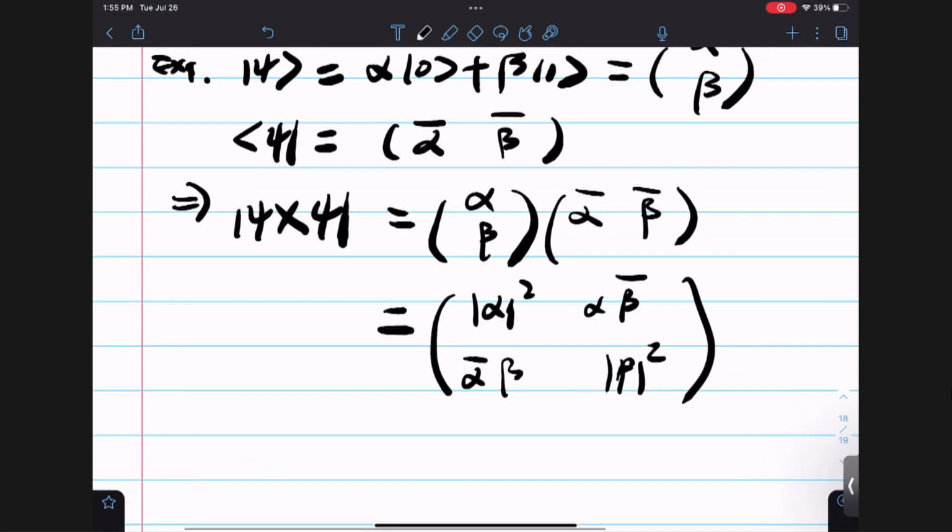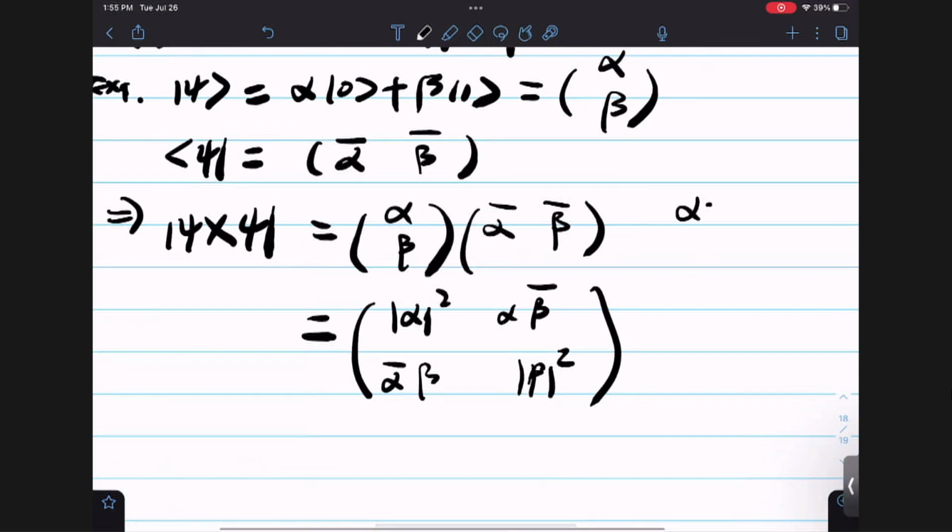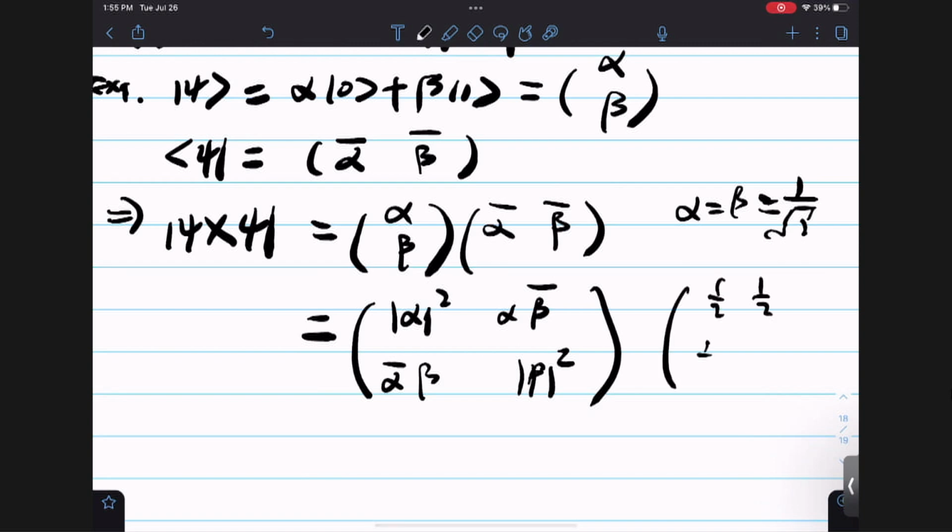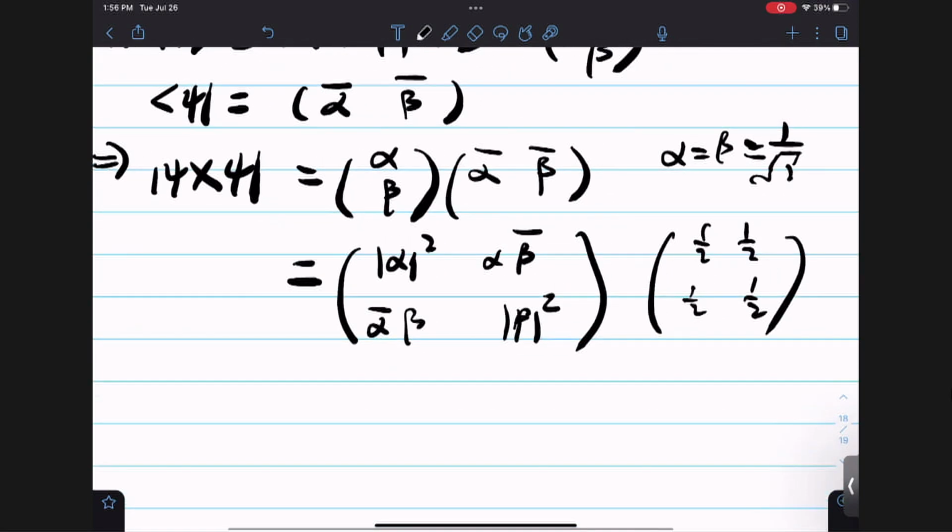As a special example, suppose alpha and beta equal 1 over square root 2. This is the quantum coin. Then this outer product will look like half, half, half, half. We're going to call this a density matrix.